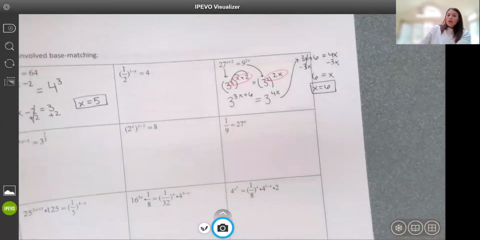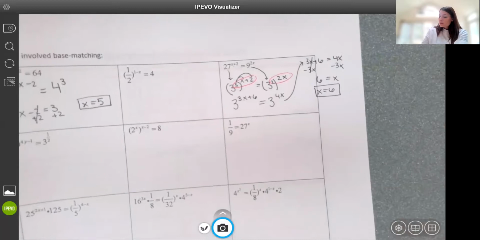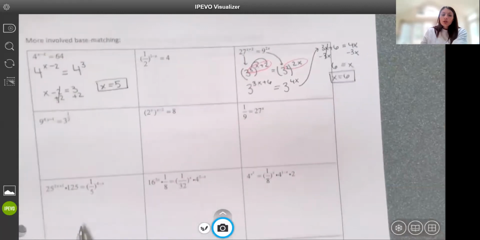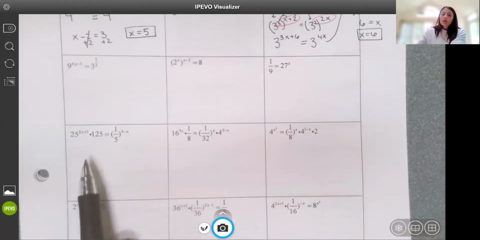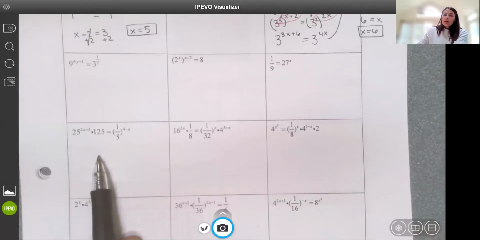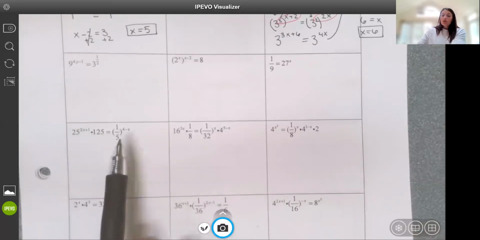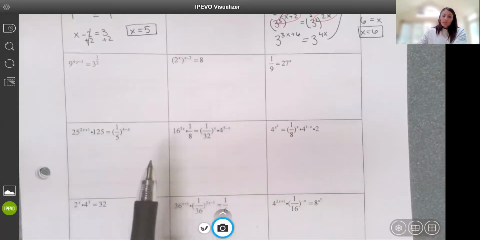Okay, so now I want to jump to one that's a little more challenging. So let's go to this third row, first column right here. Nothing's changing here. It's just that we have more terms that we need to adjust and, again, get that same base.